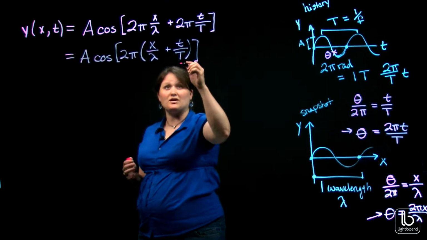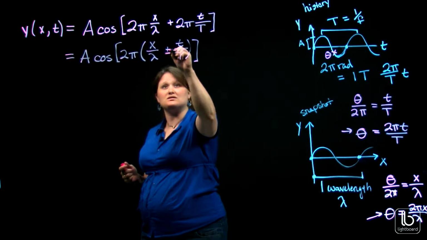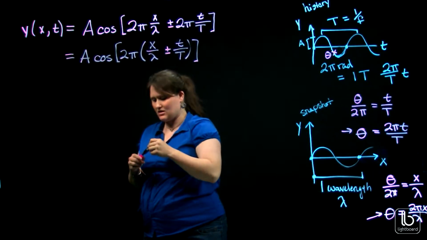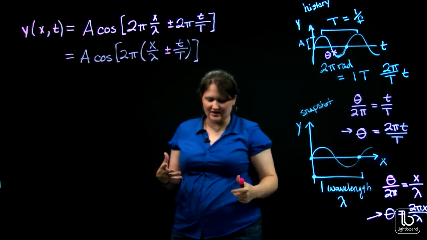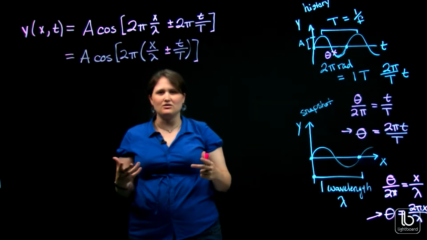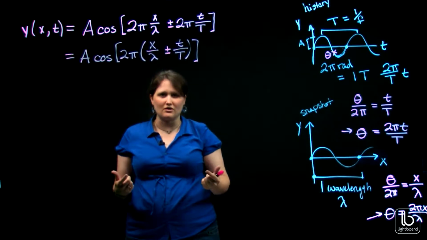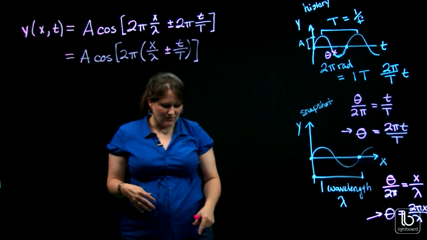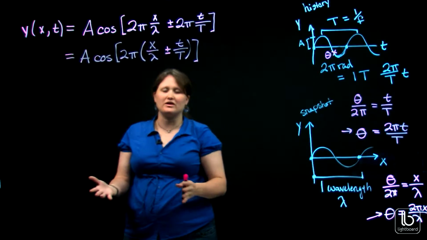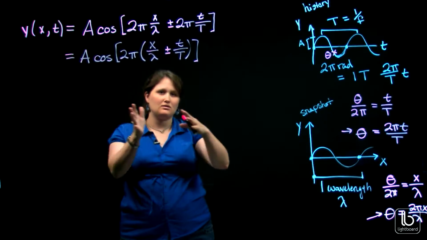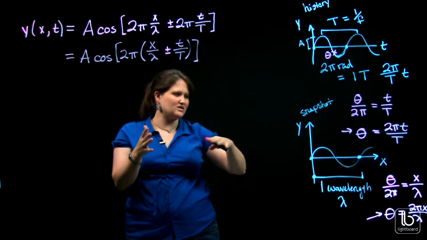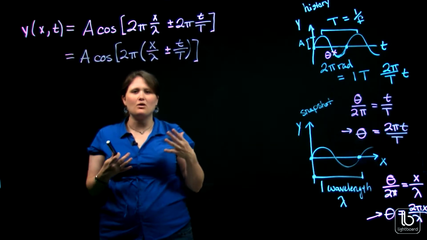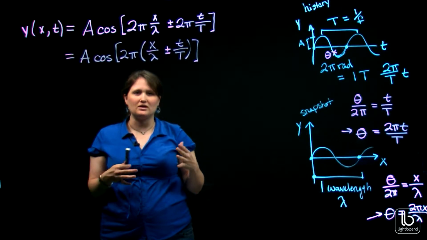So something to consider, and also the way your book puts this, is this plus or minus bit. And the plus or minus bit is simply telling you the direction of wave travel. So if you have a wave traveling forward in time, which generally speaking is to the right, well, waves are always going to travel forward in time.